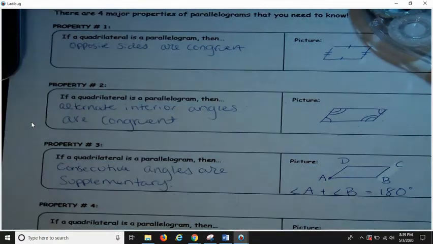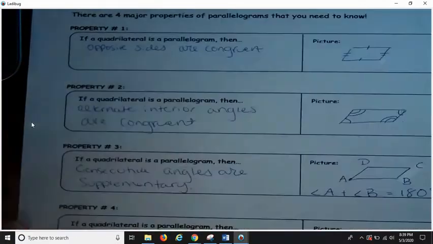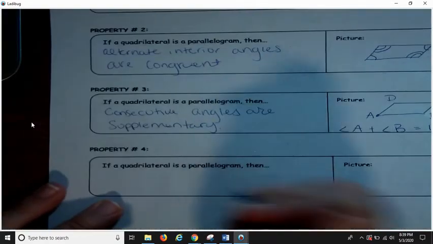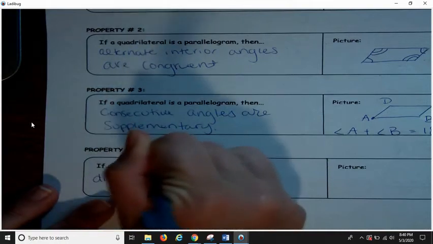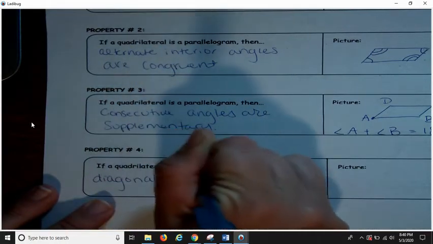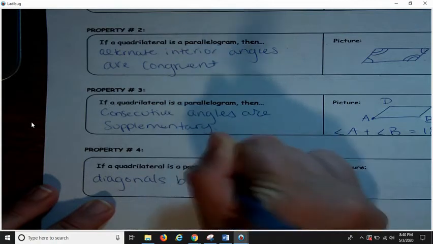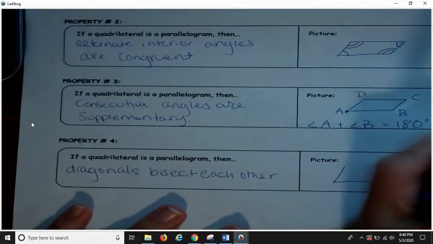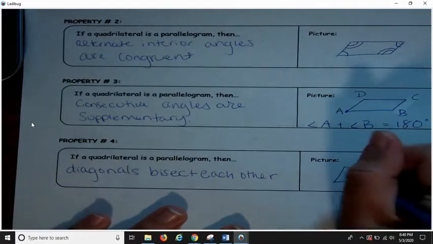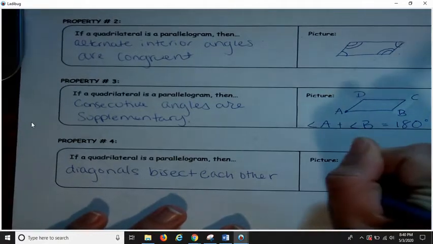And then property four is if a quadrilateral is a parallelogram, then diagonals bisect each other. This one's super fun. Bisect, if you will recall, means that we cut something in half.